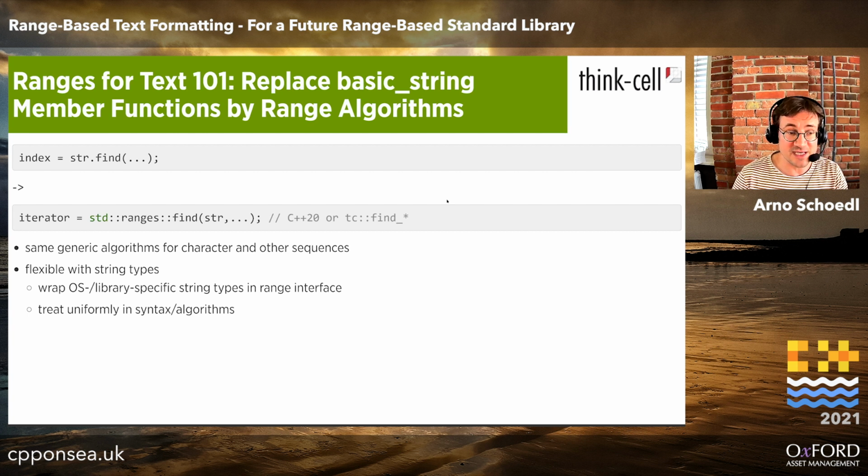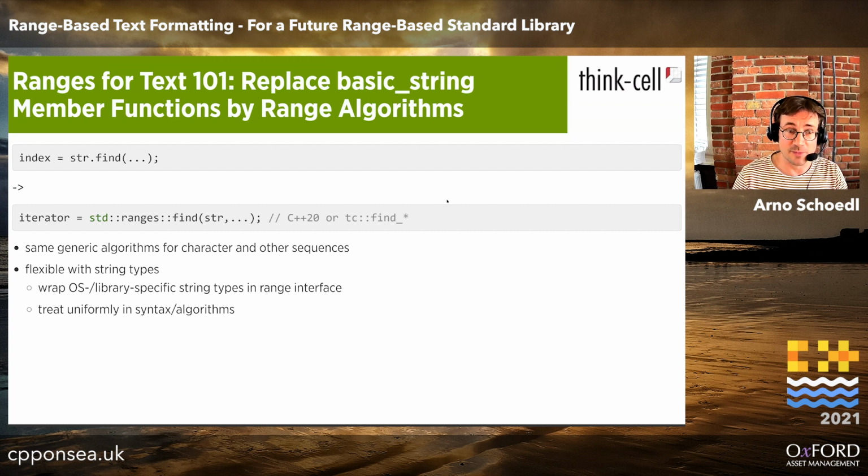The nice thing about it is that you don't care so much anymore whether you have a sequence of characters or a sequence of other things that you want to do the finding in. You're just going to use the same functions for any kind of range, whether it's characters or not. And you are also very flexible with string types.